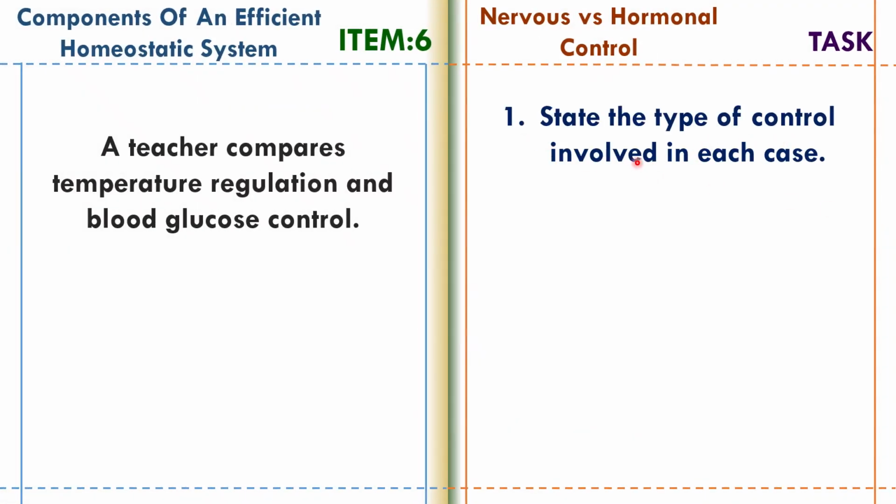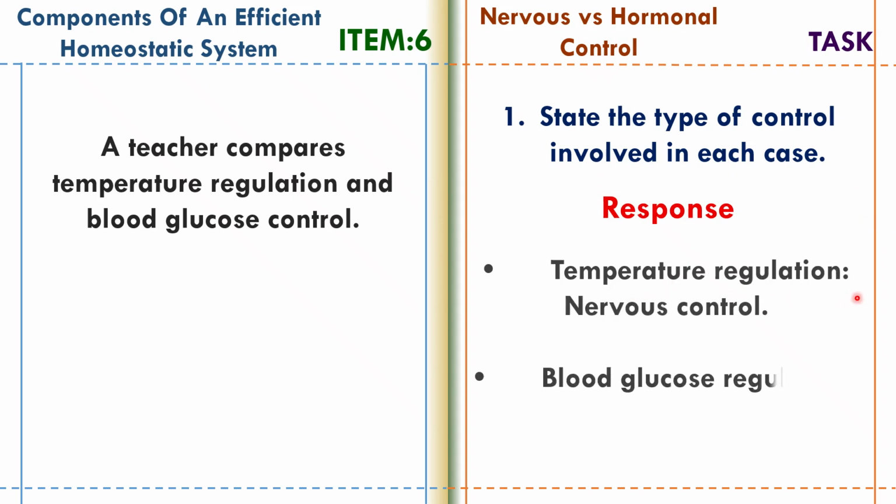State the type of control involved in each case. Temperature regulation, it is nervous control. Blood glucose regulation is hormonal control.